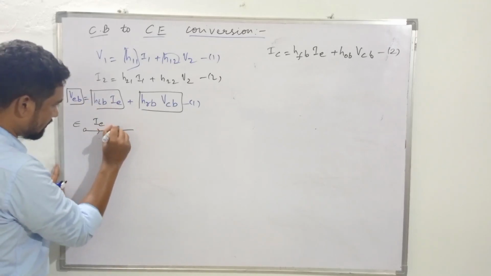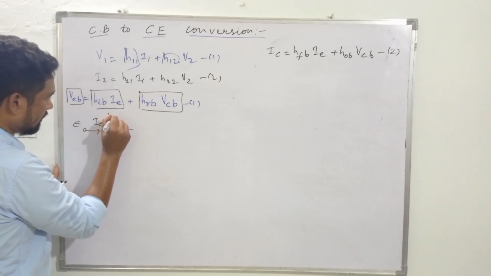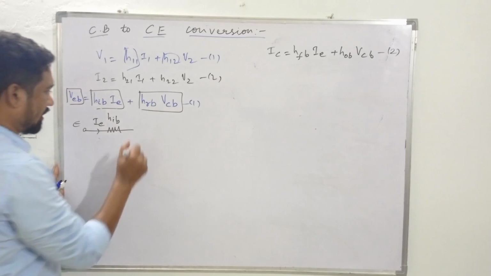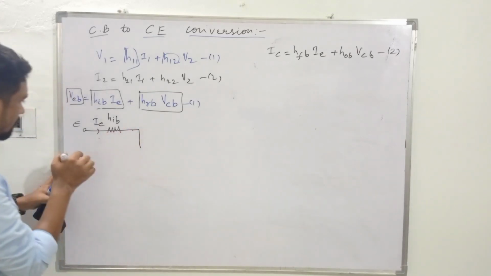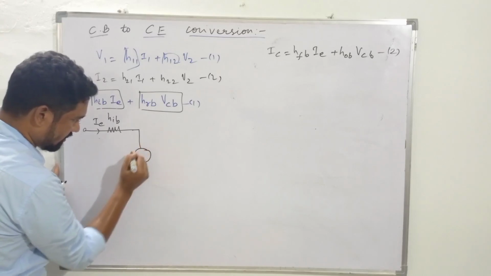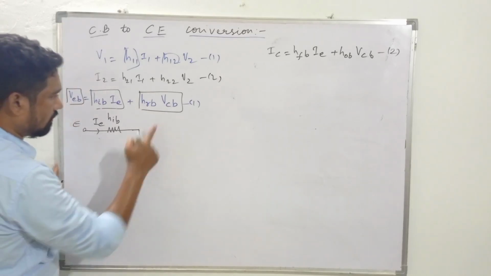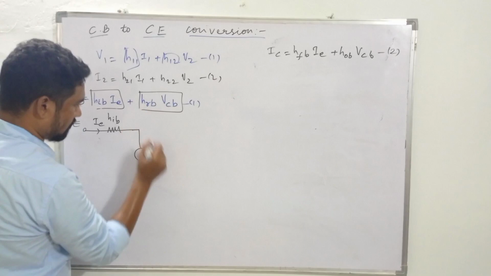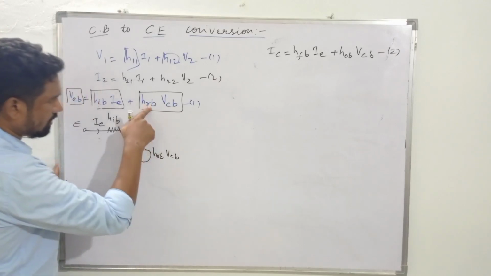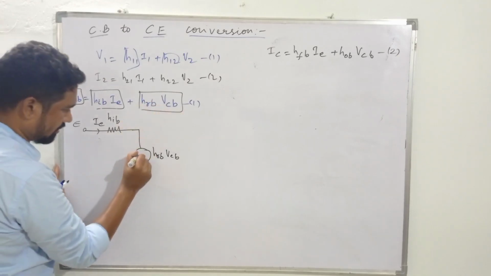We need a resistance, giving it the name HIB, and this product will give this drop. Plus, over here, it's a voltage. How to represent that? It's some times of voltage, so HRB VCB. Now this will be a constant. Let's check what it is.